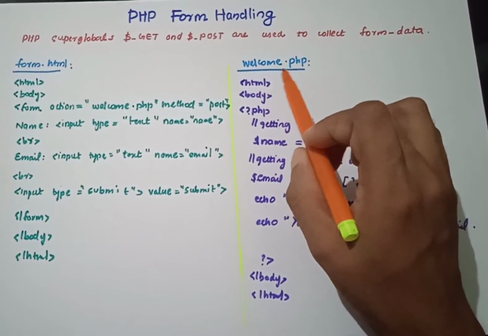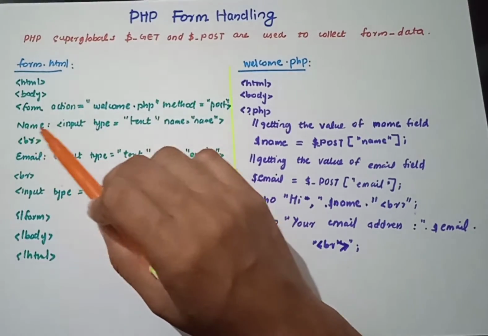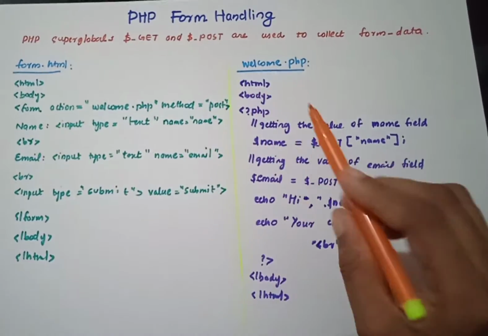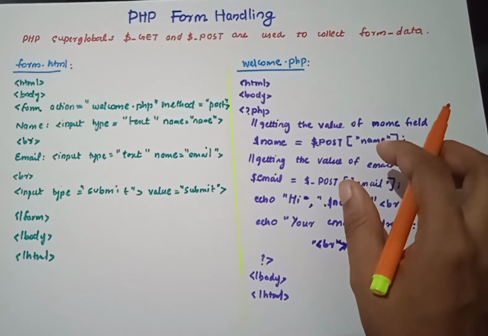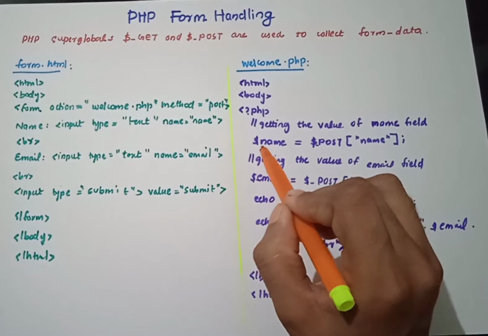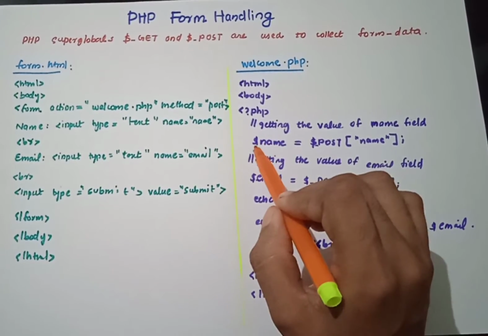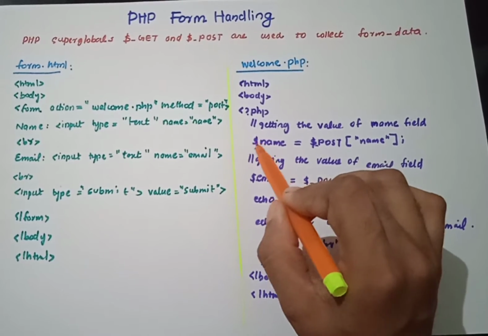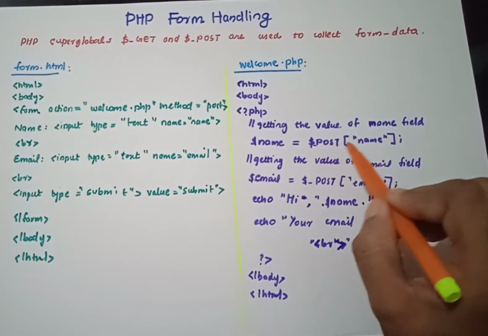So welcome.php, we are declaring it like this. For the first field, it is name. We want to just output each of the fields from the form. So we declared a variable, name is equal to POST name.